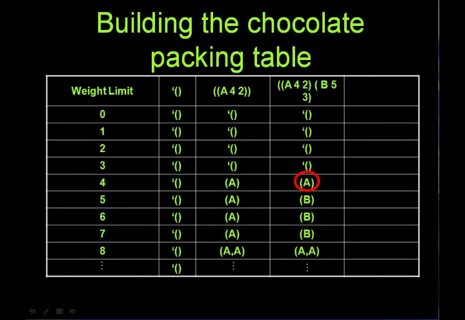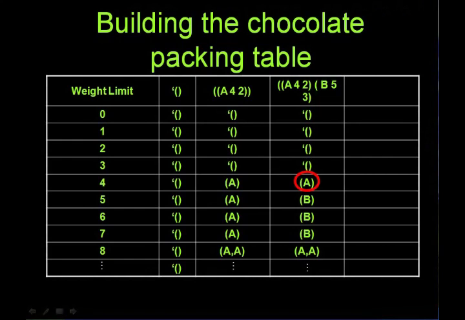Now this is less obvious. Now I add a new chocolate, which is B. Before 3, there's no way I can put any chocolate because this is 5, this is 4, they're all zeros. Now at this point, there are 2 possibilities. One possibility is that I use one more of B, which I cannot.